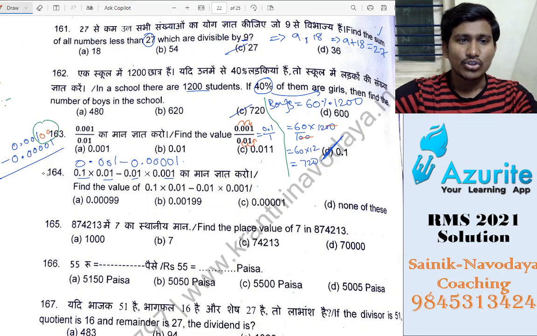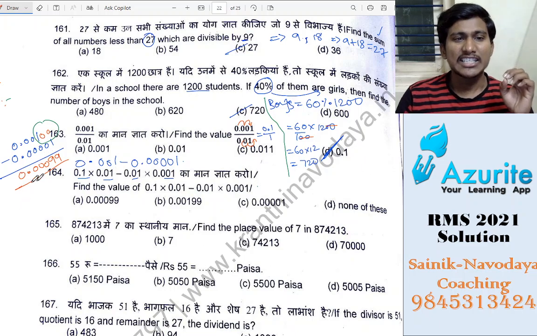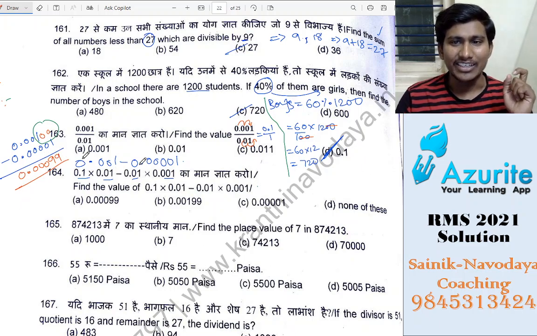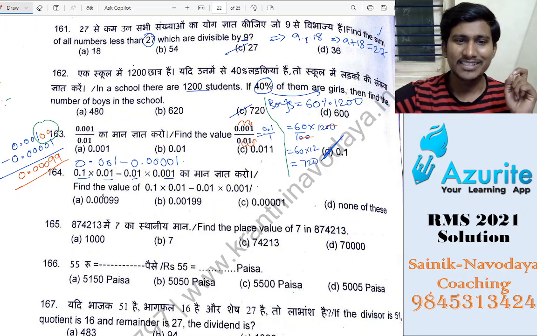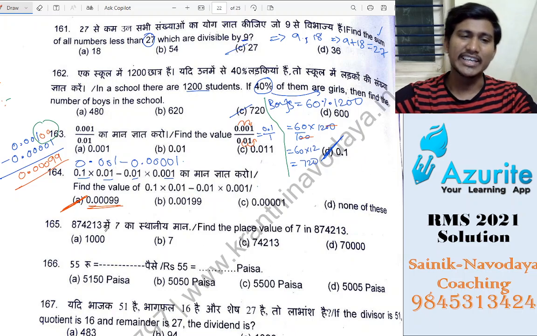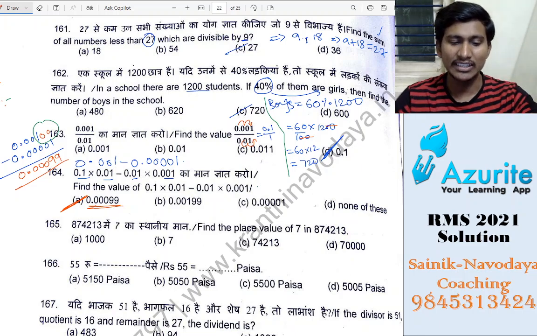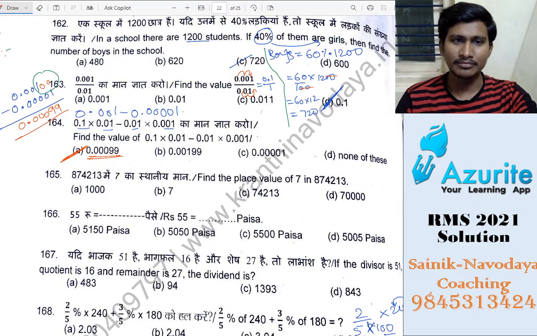So the answer is 3 zeros and 99, that is 99. Which option? Yes, option A is the answer. It looks like 100, 100 minus 1, 99. So 99 will be the answer, option A. Okay now? You can consider it like that.